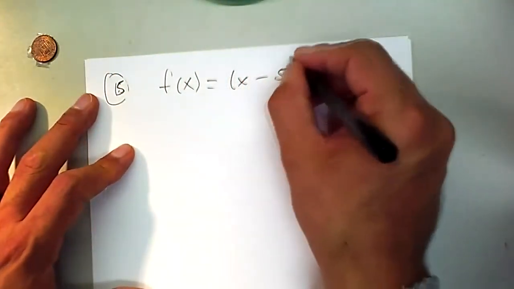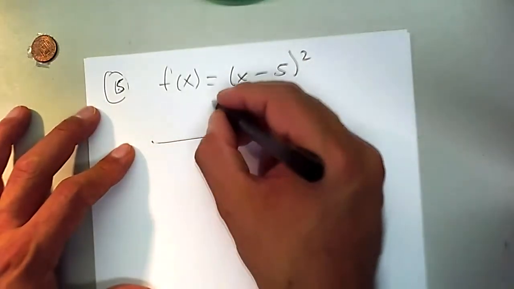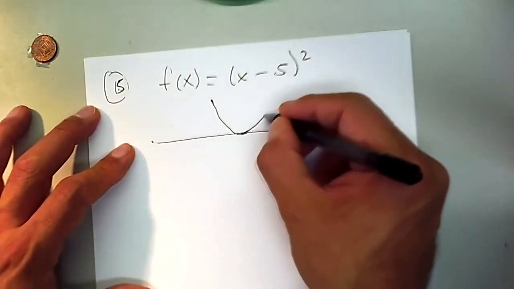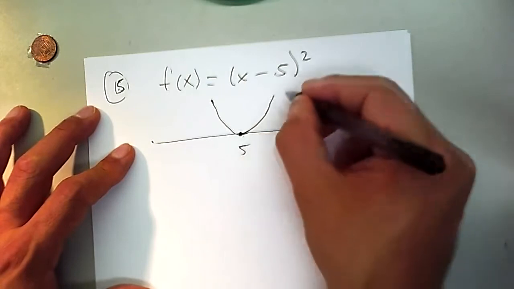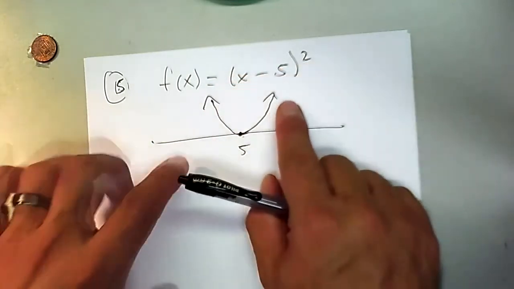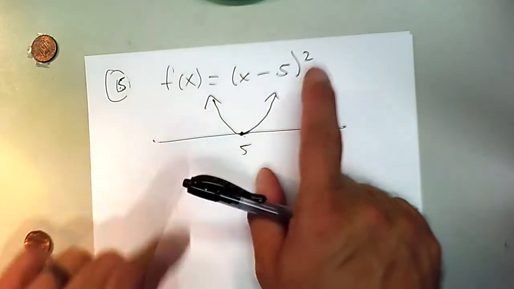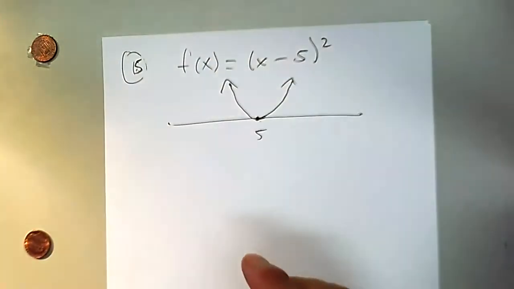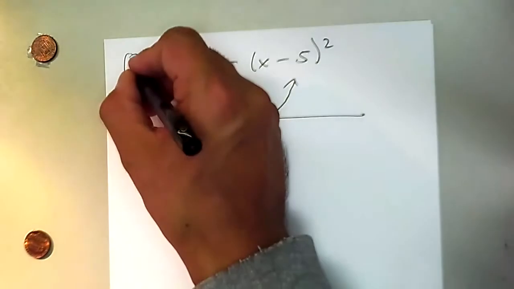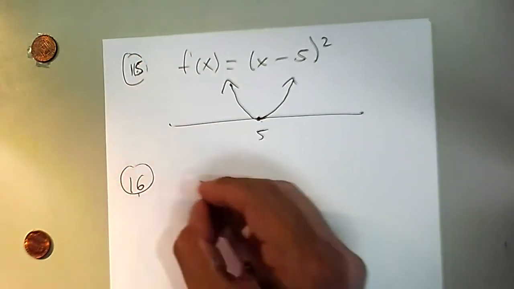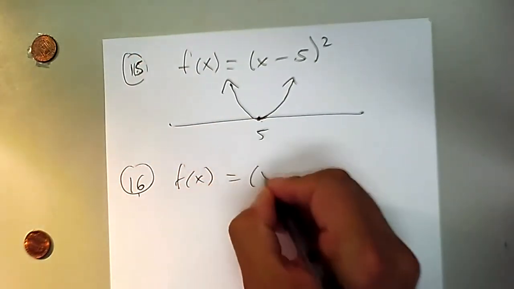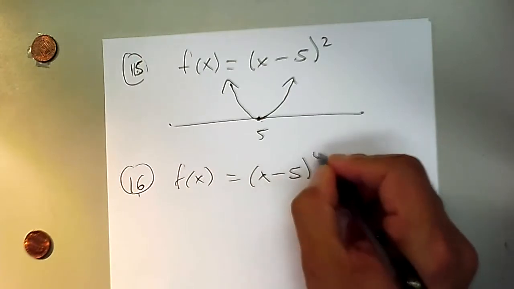x minus 5 quantity squared. It is just a graph that bounces off the 5. The end behavior is the same: up to the right, up to the left. Okay. What if we have, this is 15, 16, f of x equals x minus 5 to the 4.